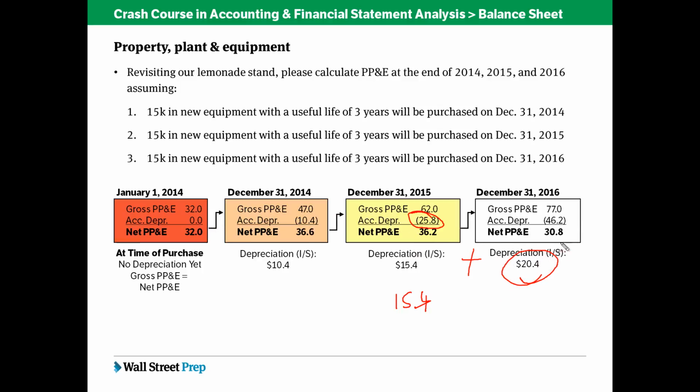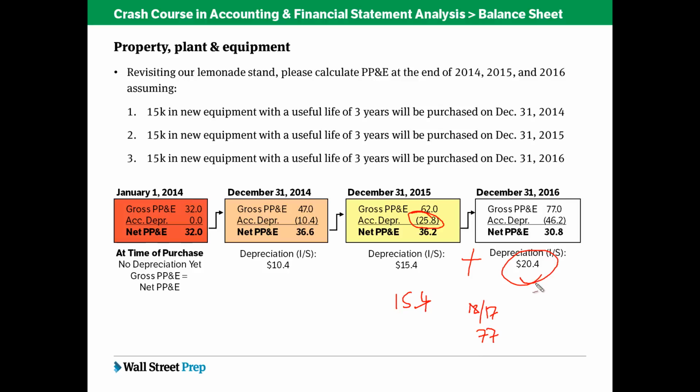What's interesting is, had we taken this a little bit further, you realize that by 2017, the original assets, the lemonade stand and the lemon squeezer, are fully depreciated. So that would actually come off the books. And in fact, although it wasn't part of your formal exercises, what you should know is, if you didn't buy anything else, and let's just keep this simple, by December 31st, 2017, what you'd actually see is gross PP&E of 77, because no new equipment is being purchased at that time.